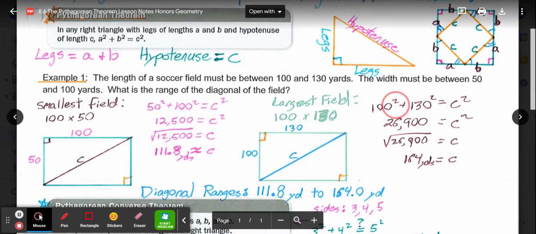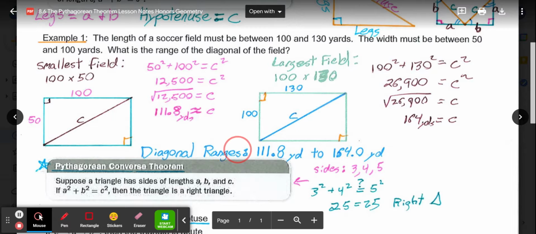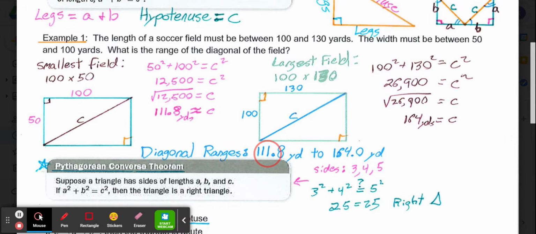So 100 squared plus 130 squared equals c squared. So 26,900 equals c squared. Square root both sides. The square root of 26,900 is c, which is approximately 164 yards. So our diagonal range would be from 111.8 yards to 164 yards.